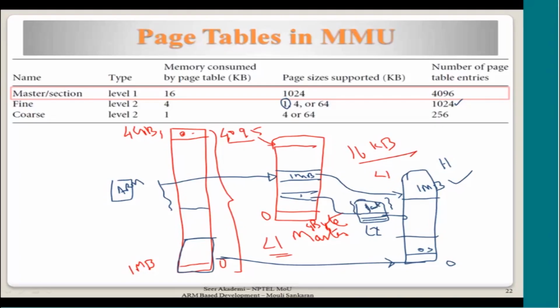So effectively, as a summary, the L1 master table has to be there in the system, it needs to have 4096 entries, and it should be physically present in the physical memory, so that when any address is generated you will know whether it is a valid entry or not.